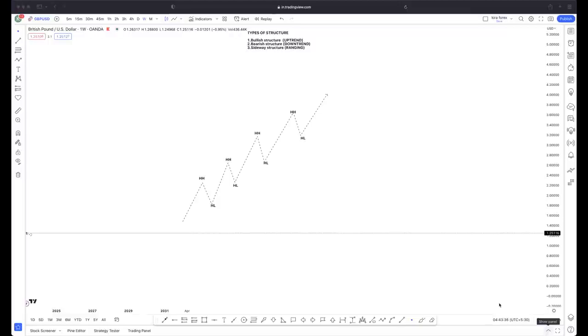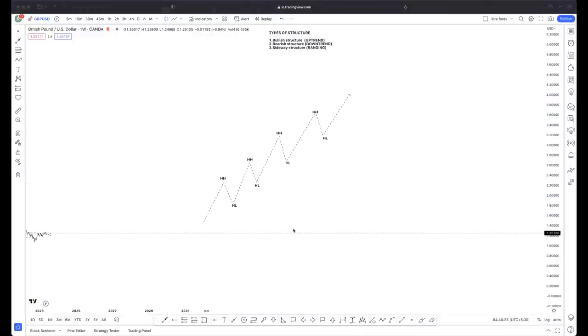Now for this to happen, we need one higher high to break. This happens when one higher high breaks a high to form another higher high. So that is an uptrend.